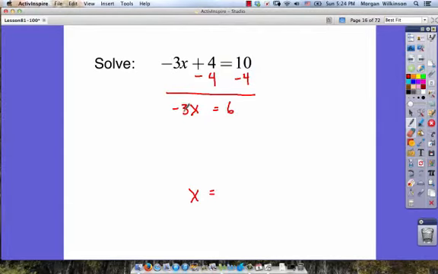Now, do you know what number you need to multiply by negative 3 to get to 6? If you do, good, write it down. That's your answer. If you don't, that's okay, because we can divide by negative 3 to undo the multiplication of negative 3 times x. We'll balance that out by dividing by negative 3 on the other side, and 6 divided by negative 3 must be negative 2. We've got our final answer. We can box it, and then we move on to our next question.